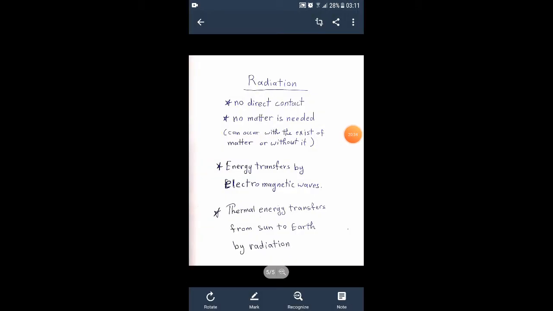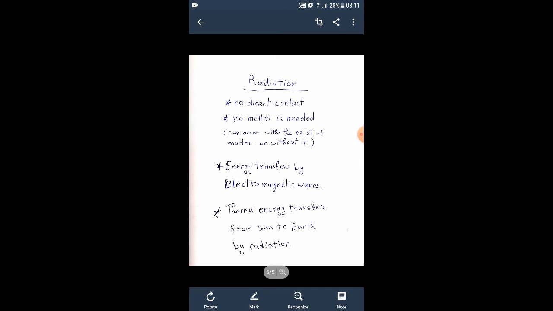Finally, we'll talk about radiation, which needs no direct contact, no contact at all between objects or between particles. No matter is needed, so it can take place in space without any matter. It can occur with the existence of matter, but it doesn't need matter.